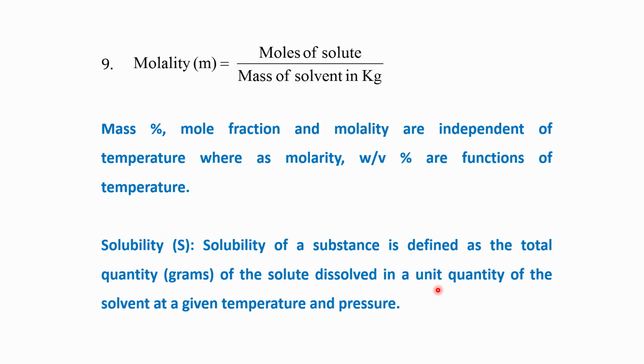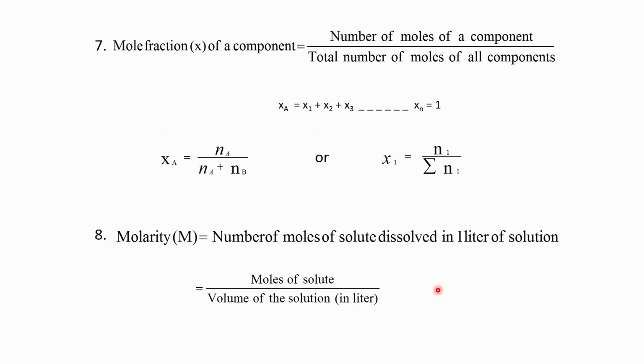Then we define another term, that is known as molality. In molality, what we do is moles of the solute divided by mass of the solvent in kg. The only difference between this and the previous one is the volume of the solution in 1 liter, correct.